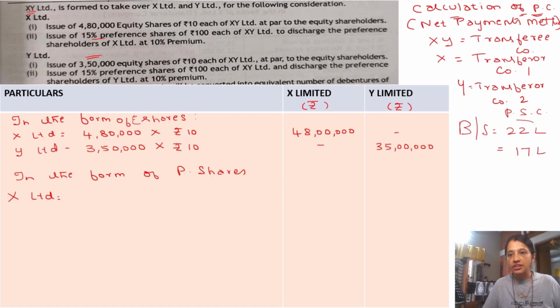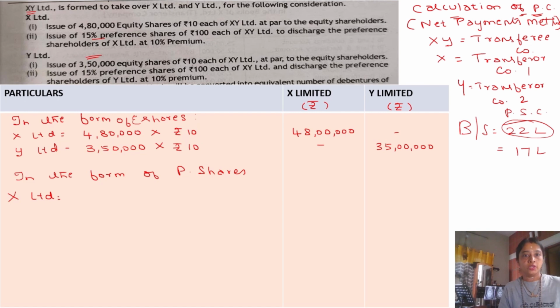So first let us check 22 lakhs. So they have given X Limited preference share capital, they had 22 lakhs plus it is issued at a premium of 10%. So 22 lakhs into 10% will come up to 2.2 lakhs.